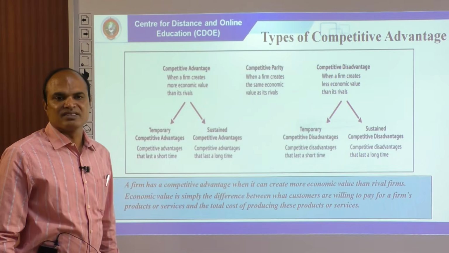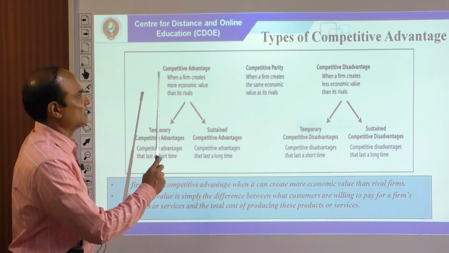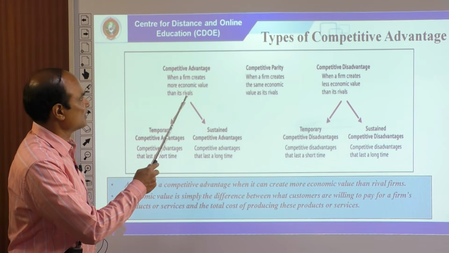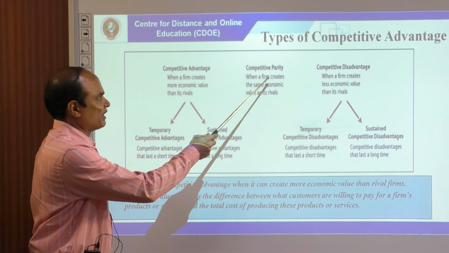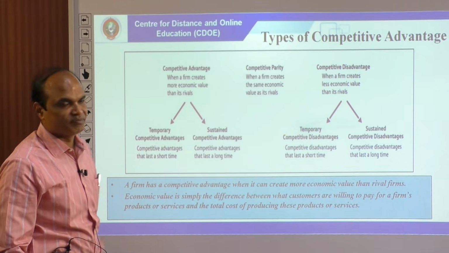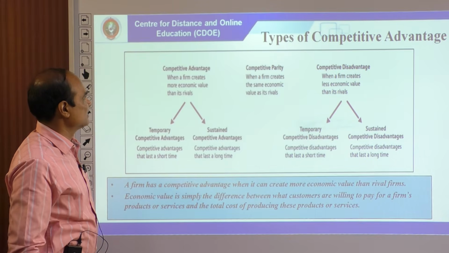Now let us understand what types of competitive advantages are available. One is competitive advantage, the second is competitive parity, the third is competitive disadvantage. Let us understand what this competitive advantage is.